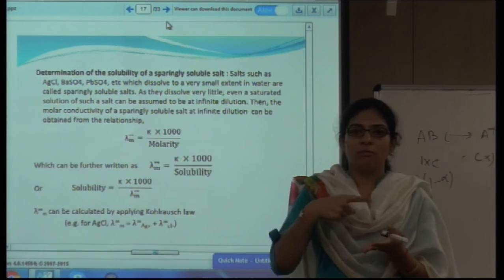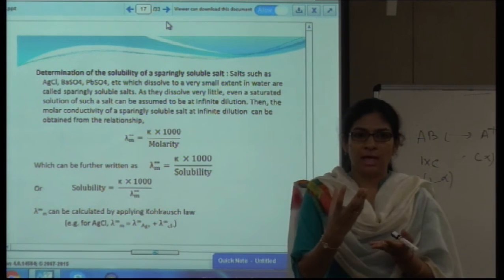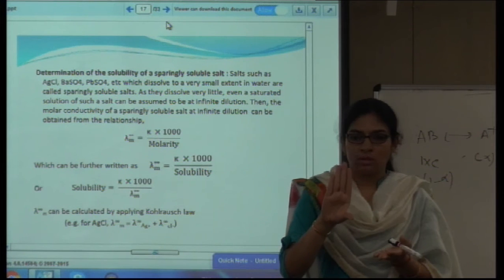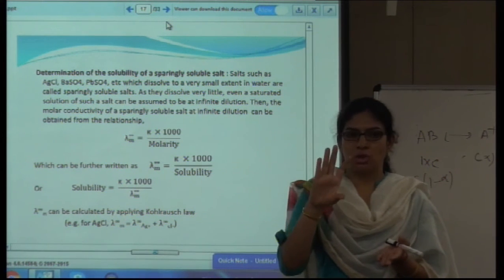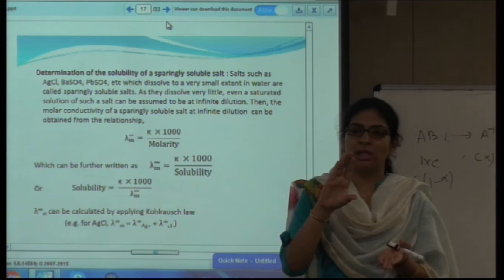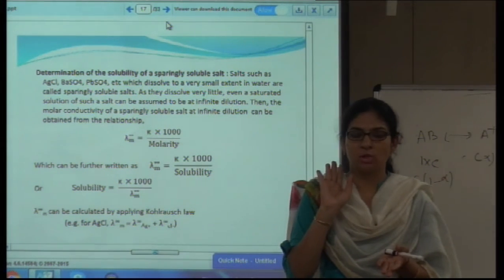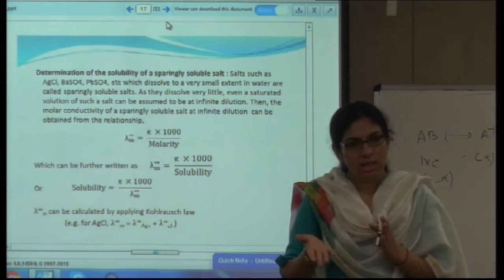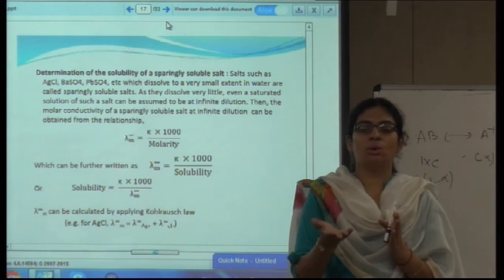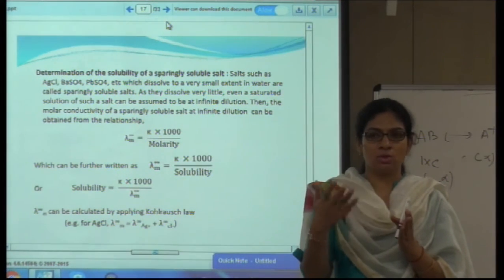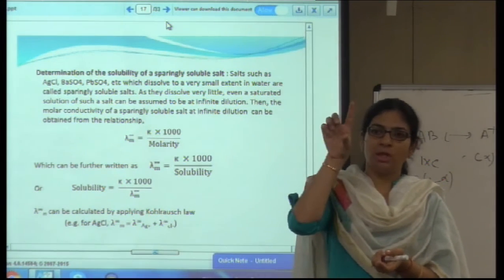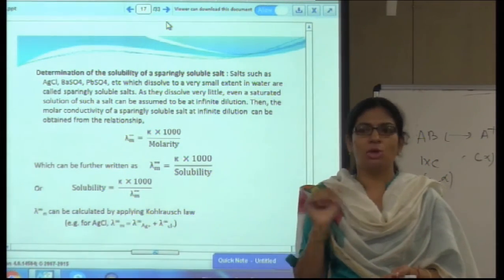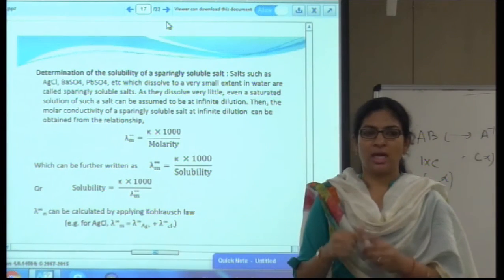If you dissolve 1 spoon of salt in a glass of water, you will say that this much is the concentration of that solution, whatever it will be. But if you reach the point wherein you can no more dissolve salt, then you will call that particular concentration solubility, right? So that is the difference.